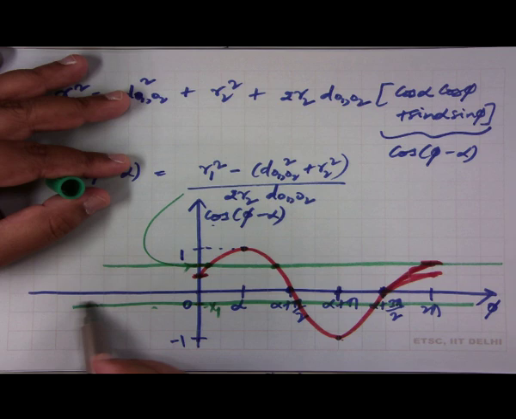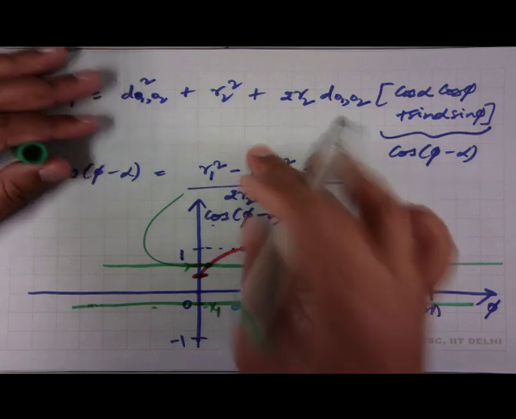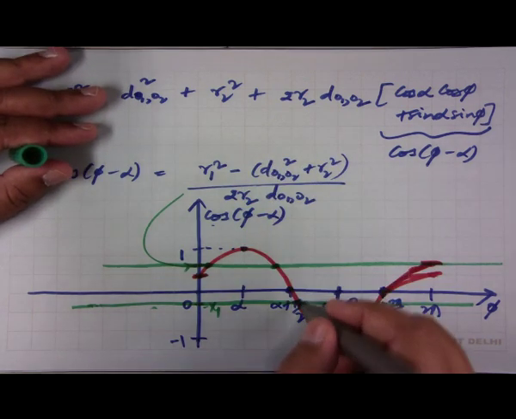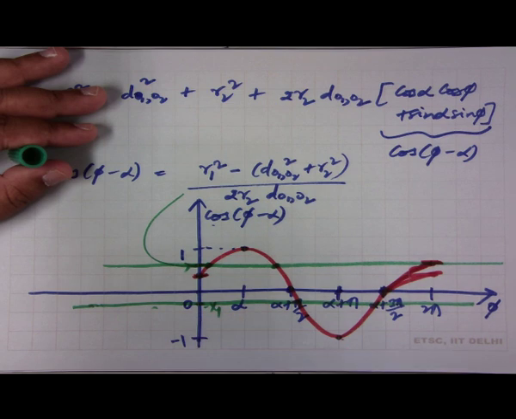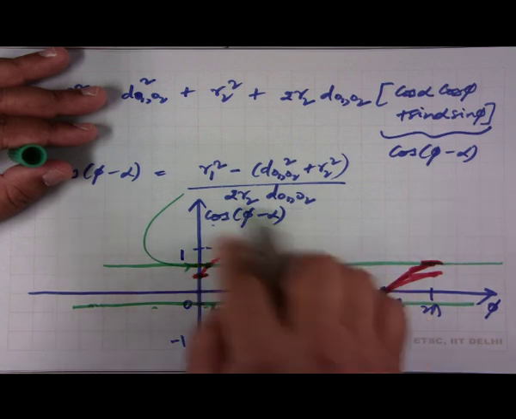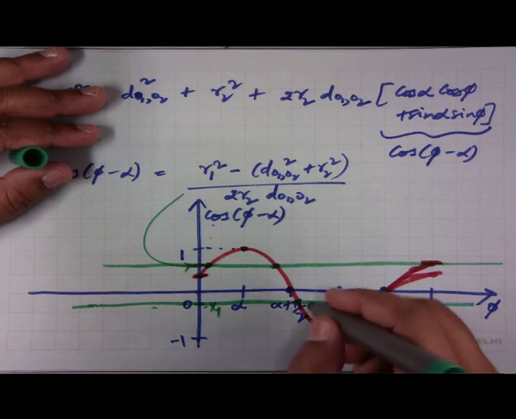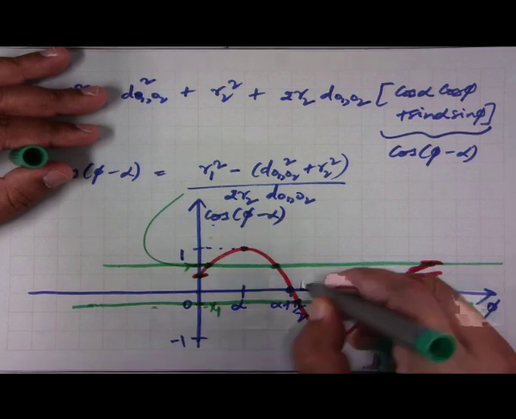So, basically this green line. When this is minus 1 by 4, the two solutions are given by the points of intersection of this green line with the curve of cos of phi minus alpha, and those two points are this.